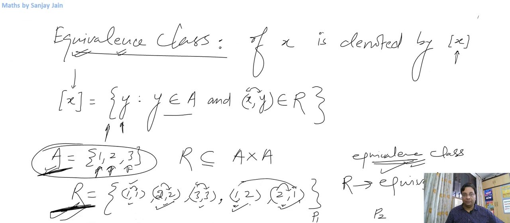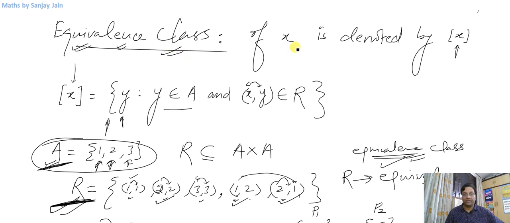If I want to find the equivalence class of an element X, it is denoted by this, and it is equal to the set of all y's such that y belongs to A and X and Y are related under this relation R, right?